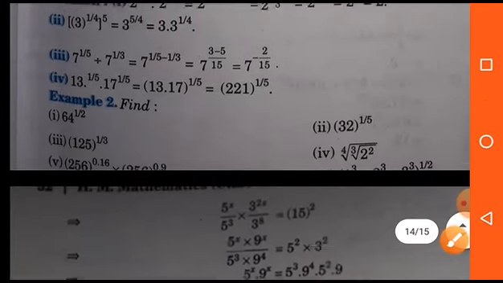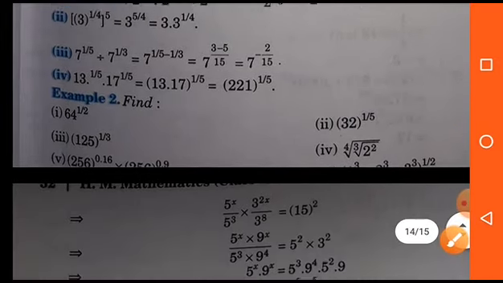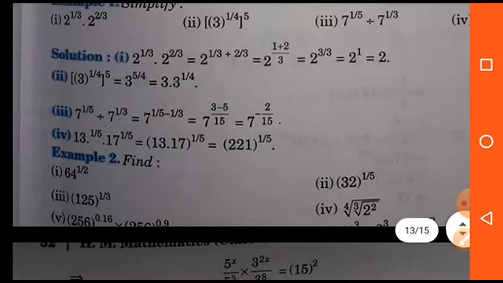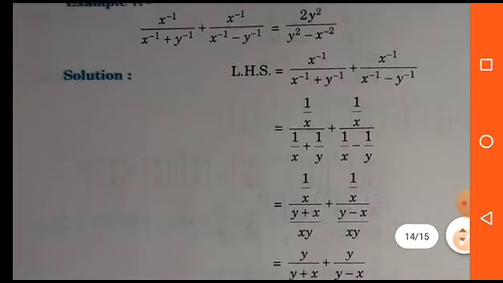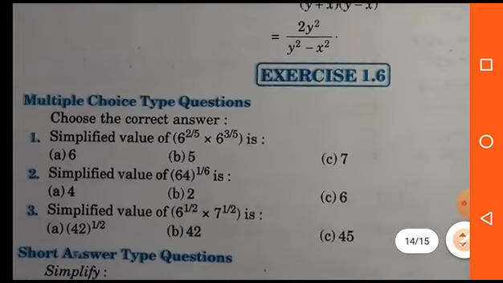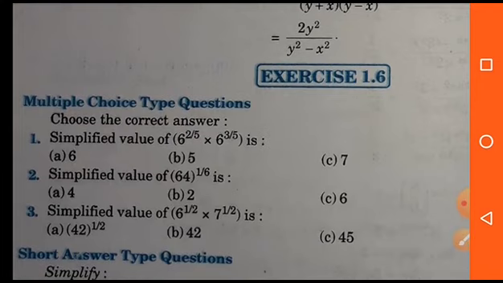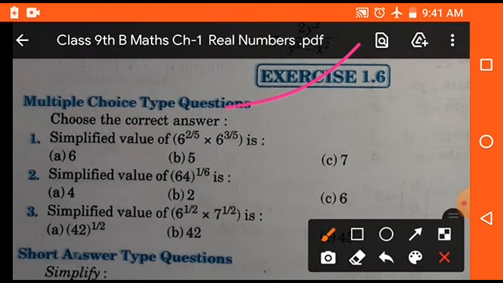So student, you can solve the examples of the above questions, and you can also solve the exercise on the basis of the above description and above lecture. So there is exercise 1.6, and in this exercise all the questions are related to exponents.